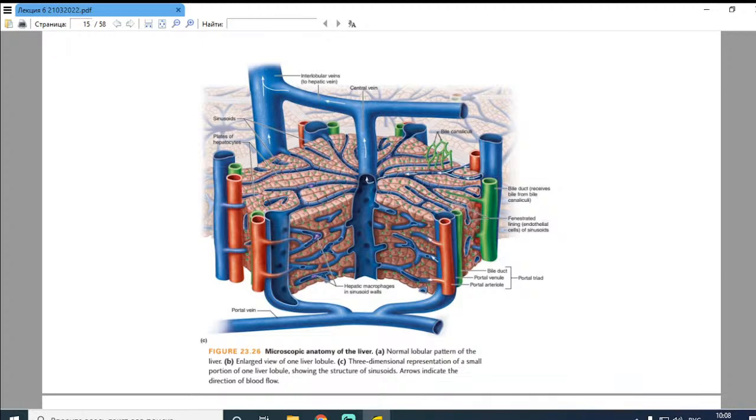From the portal vein, venule, and portal arteriole, blood passes to the sinusoid. Sinusoids enter the central vein. Every hepatocyte contacts blood and bile.